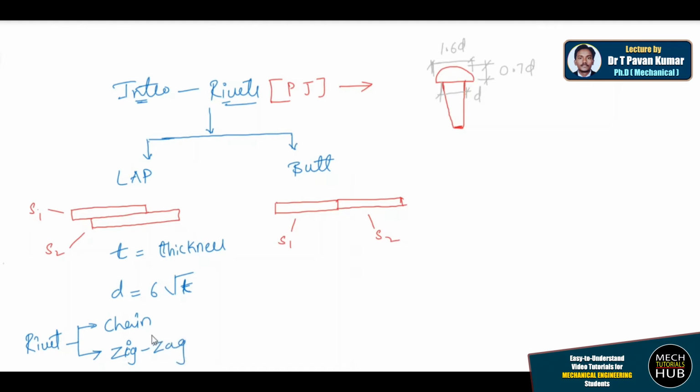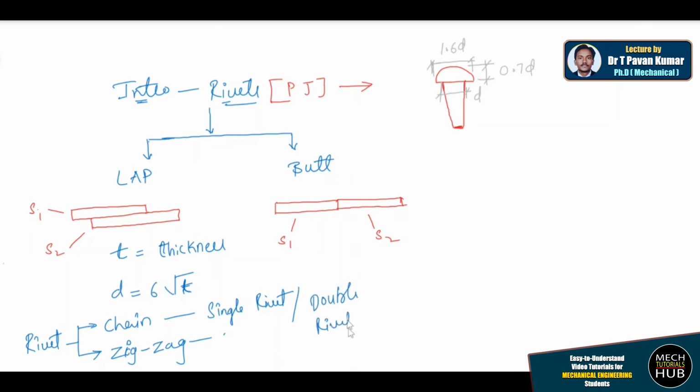One is chain type and one is zigzag type of riveting. Other than this, in chain and zigzag, you also come across one more terminology called single riveted or double riveted.